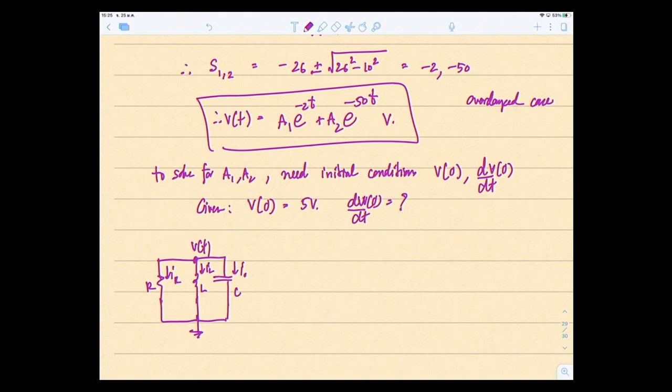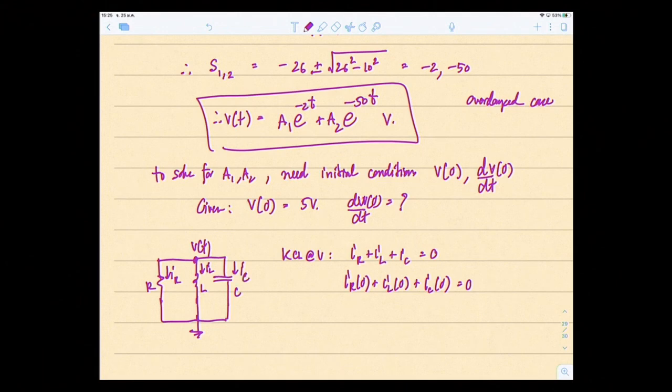So we're going to write down KCL at V. We would have IR plus IL plus IC equal to 0. So at t equal to 0, IR at 0 plus IL at 0 plus IC at 0 equal to 0. But we want dV dt, correct? The only place that has dV dt is your IC.